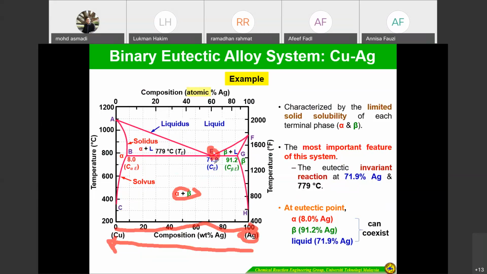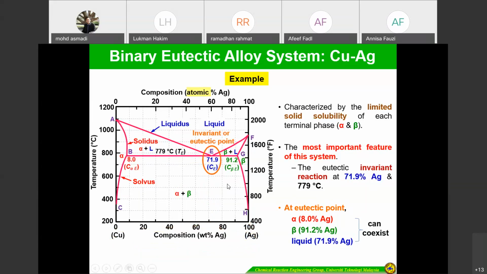At 71.9% of argentum and 779 degrees C. That means this is the eutectic temperature, and the eutectic composition is 71.9. So this is the invariant reaction, or eutectic point.